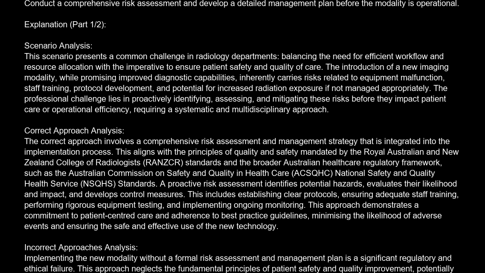Incorrect approaches analysis. Implementing the new modality without a formal risk assessment and management plan is a significant regulatory and ethical failure. This approach neglects the fundamental principles of patient safety and quality improvement, potentially leading to equipment failures, incorrect diagnoses, or increased radiation doses, all of which contravene RANZCR guidelines and the duty of care owed to patients.